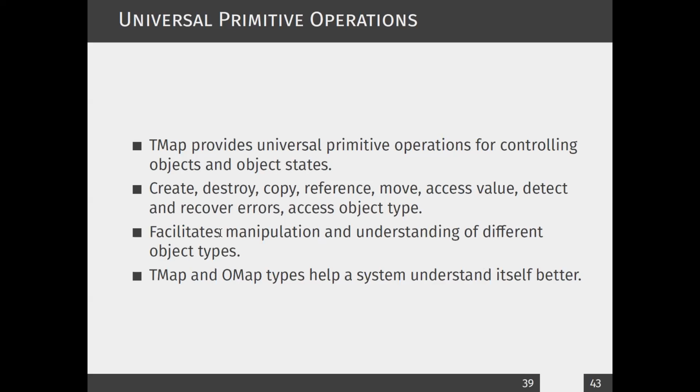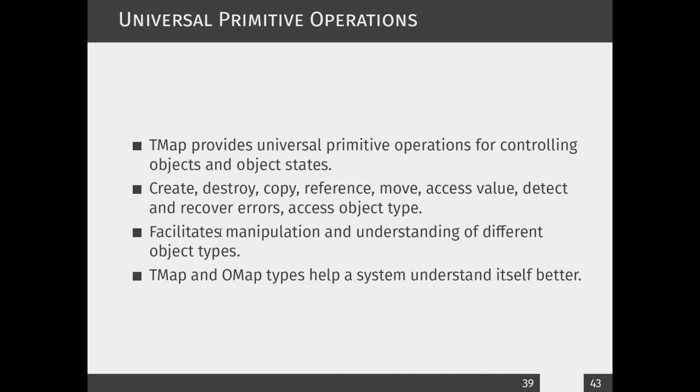Okay, so more on universal primitive operations. When you start with the TMAPs, the type maps, they provide universal primitive operations for controlling objects and the object status. You can create, destroy, copy, reference, move, access value, detect and recover errors, and access object type.